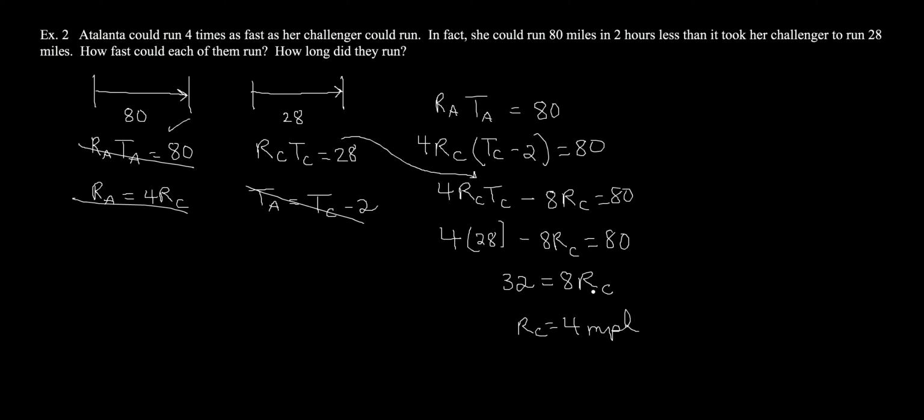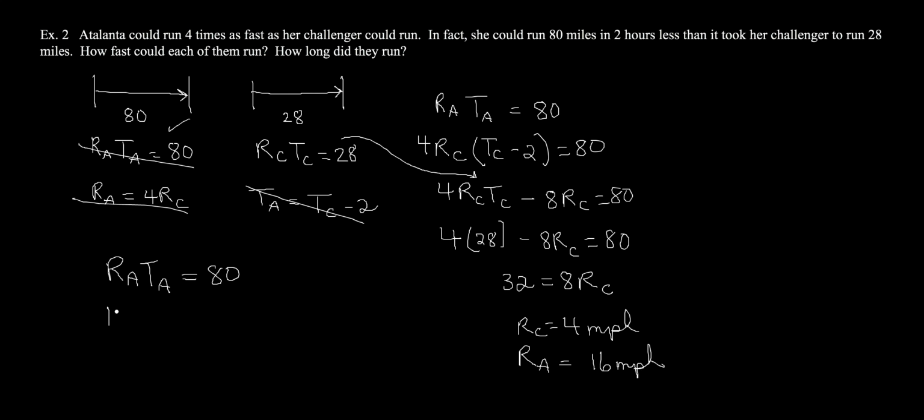How long did they run? Well, the time of Atalanta, if we have rate times time, rate Atalanta, time Atalanta equals 80. Well, the rate of the Challenger was 4, so the rate of Atalanta would be 16 because it's 4 times that.